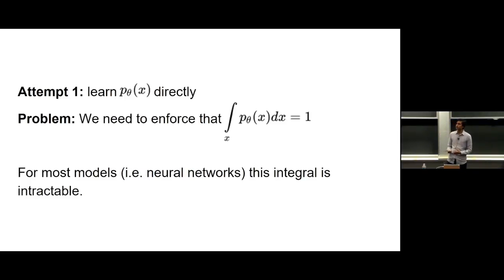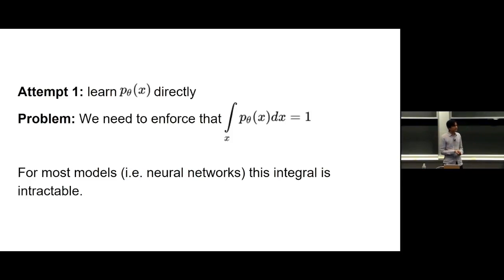The way that you typically would do this is you constrain your model. And the way you do that is you normalize every value by that integral so that the total integral over the space ends up being exactly 1. You make your output some kind of ratio where that integral ends up being in the denominator of the ratio. And so the integral ends up being 1.